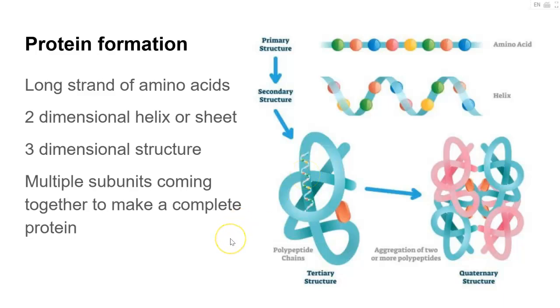When you have multiple subunits of these proteins coming together to make one protein, that's what we call quaternary structure. This is tertiary structure. Some proteins are made out of multiple protein subunits, but that's a little bit beyond what we need to know for this. But this is how proteins form.